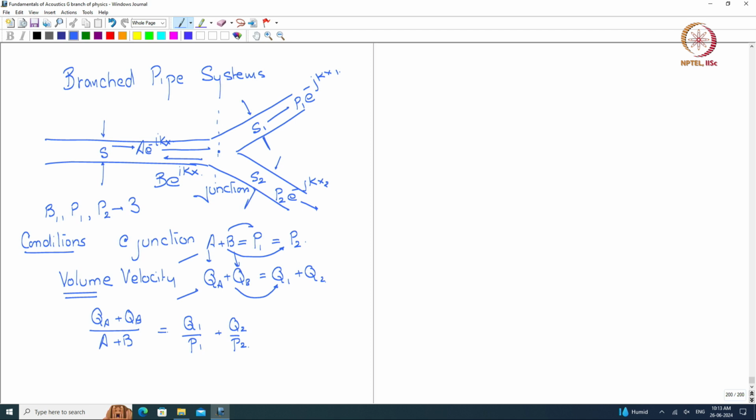Okay. Now what we say here is that P1 by Q1, this is pressure over volume velocity. This is called the acoustic impedance.